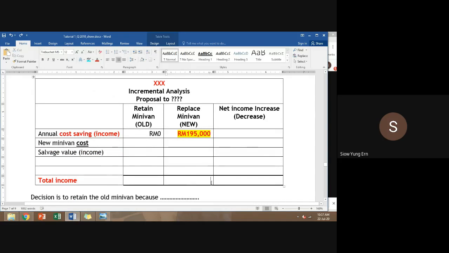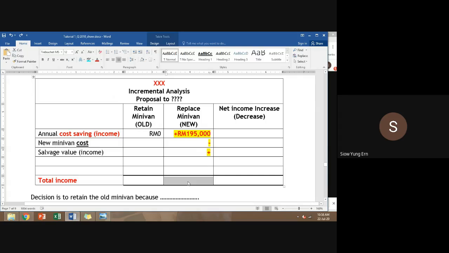So since they want total income, your annual cost saving you add. This one is a minivan cost, so you minus. And salvage value is an income, so you add. So what is your total income? Correct, old one will be 0.